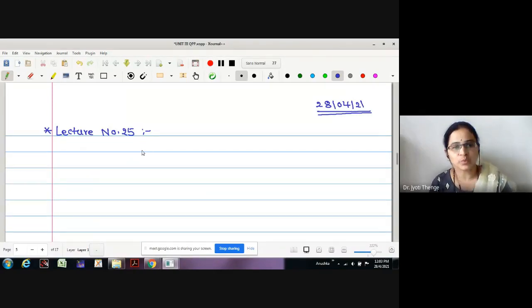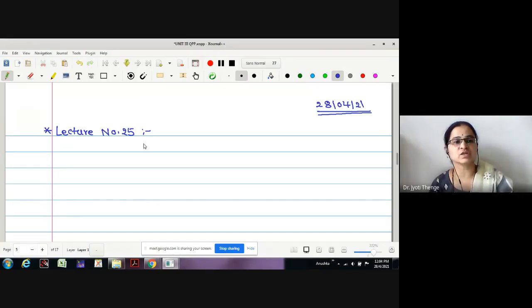For this, we are going to use the Lagrangian method, which is generally used for solving a nonlinear programming problem. As I told you already in the last lecture also, a nonlinear programming problem is a programming problem which is not linear. What is linear? A linear programming problem is a programming problem in which the objective function and constraints both are in linear form.